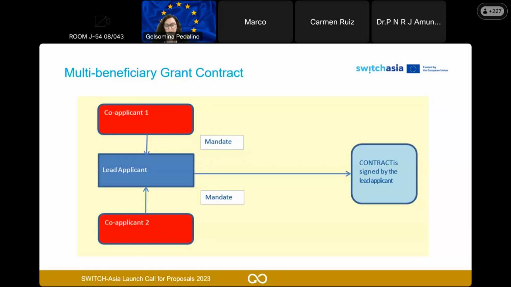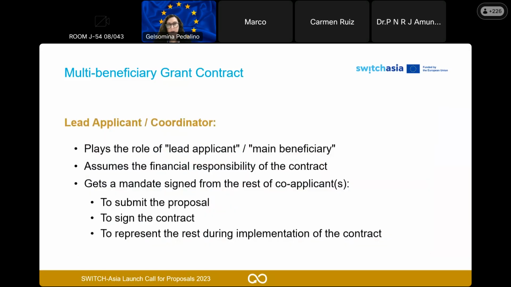The role of each member has to be clearly explained in the concept note, and each member has to actively contribute to the preparation and the implementation of the project. As I told you, the lead applicant will have the financial responsibility and the legal responsibility of the contract. So the co-applicants give mandate to the coordinator to submit the proposal, to sign the contract, and to represent all the consortium during the contract.